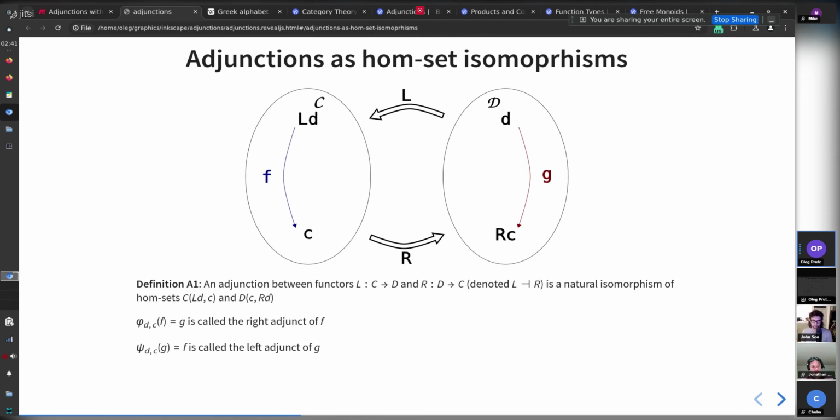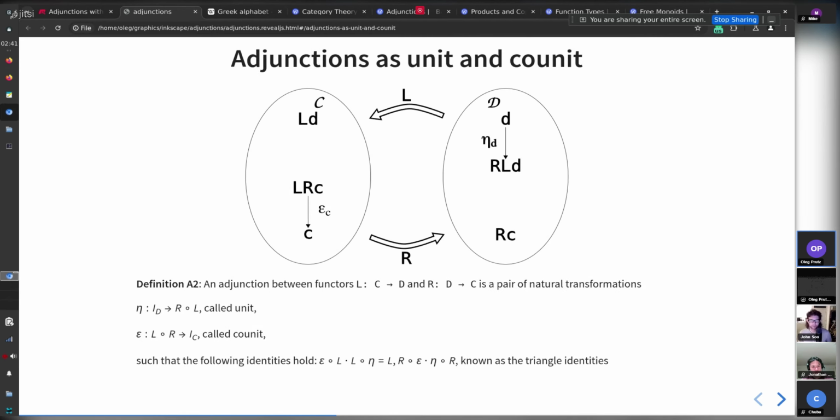Okay, there's another definition for adjunctions. So still the same functors, and they are adjoint. They form an adjunction if there is a pair of natural transformations. So eta goes from identity to RL.